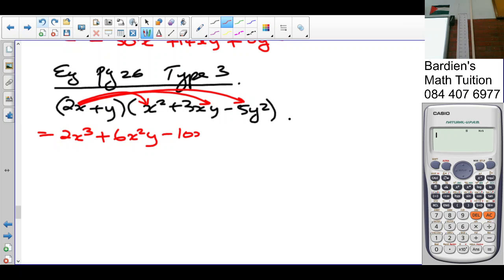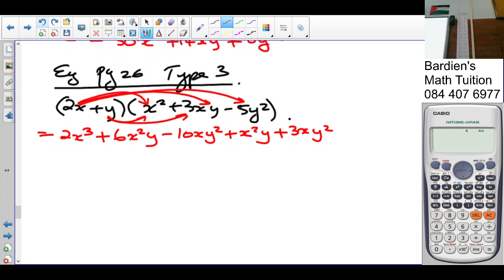Negative 10xy squared. Y times x squared? Positive x squared y. Y times 3xy? Positive 3xy squared. You guys understand?